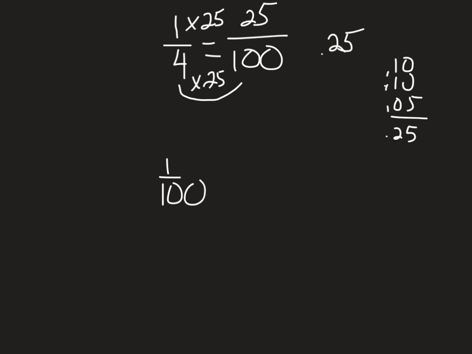So let's talk now about how we convert a fraction over to a decimal. If I had 6/18, but I wanted it to be a decimal, the way we would do that is we would need to recognize that a fraction is a division problem.